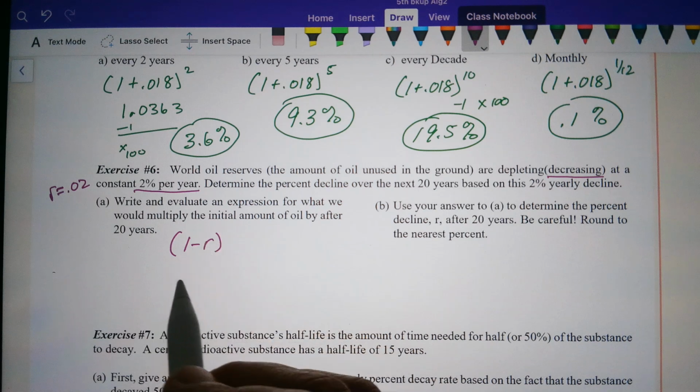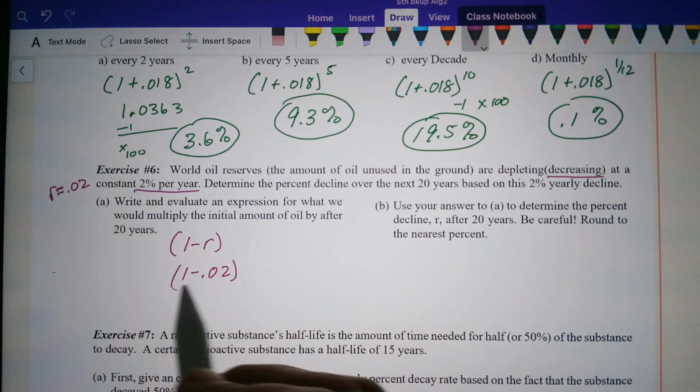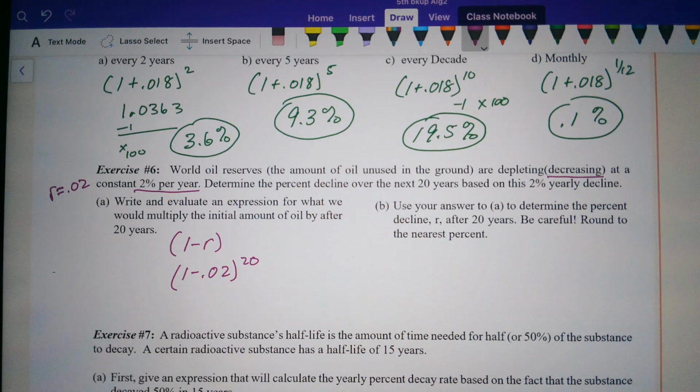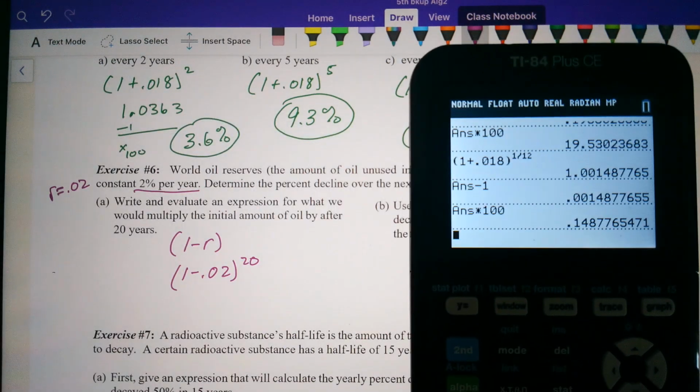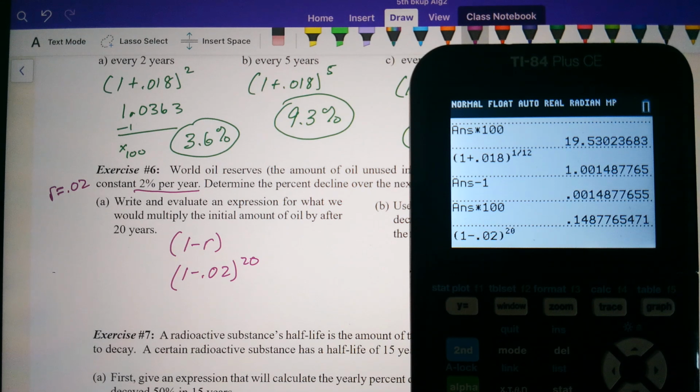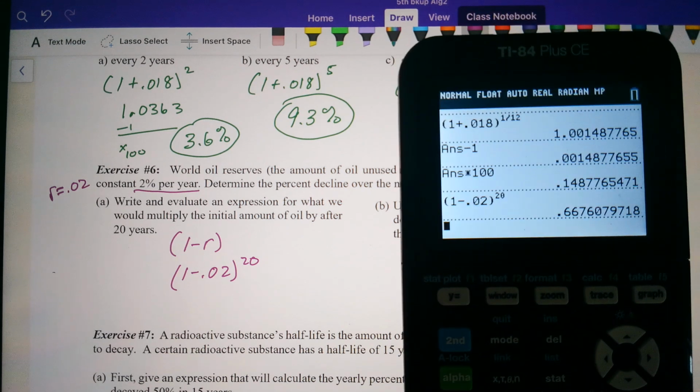This is 1 minus r. So 1 minus 0.02 to the 20 years. So approximately 67% remains.